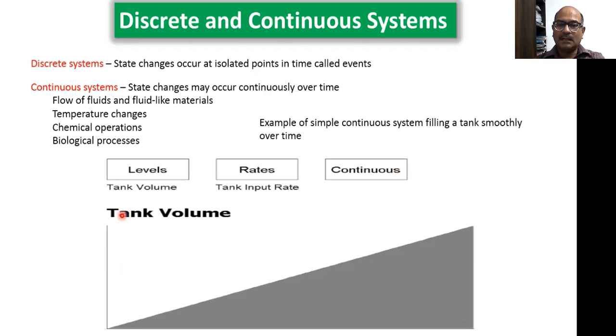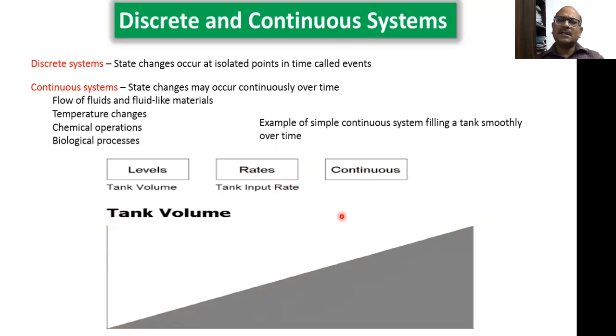So the tank volume, if we say at the start of the time when we start the clock, suppose, is 0. But if the continuous flow is there, a continuous rate to fill the tank, then after some time you can say the tank is filling in a continuous manner.